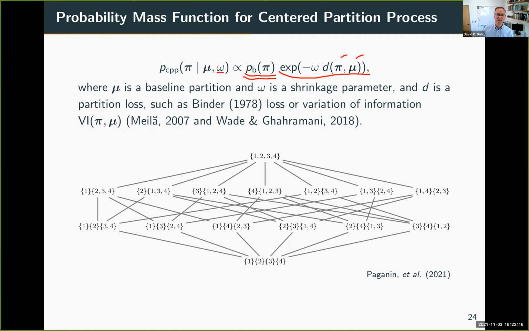But to the extent that the distance of pi to the baseline is large, that means there's substantial penalty, and we're then trying to penalize the probability associated with a particular partition that is far away from the baseline partition. But notice that they've only defined the probability mass function up to a normalizing constant, and that's going to then make it tricky to make inference on the omega shrinkage parameter.